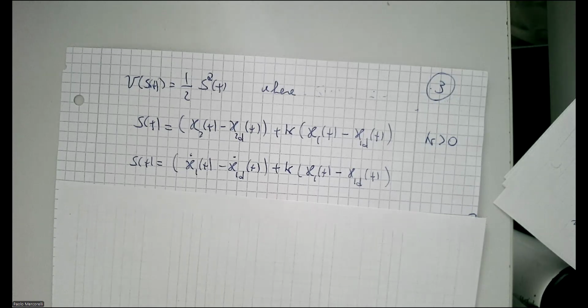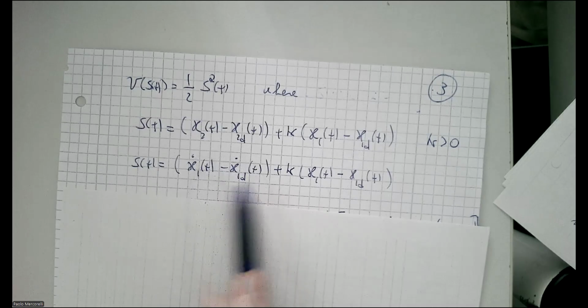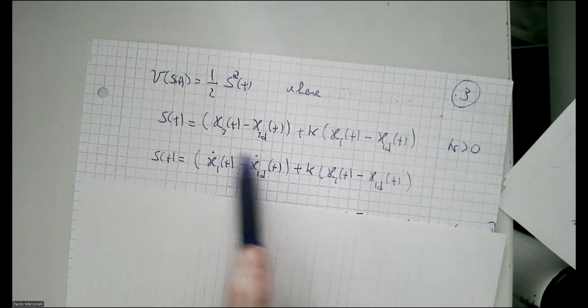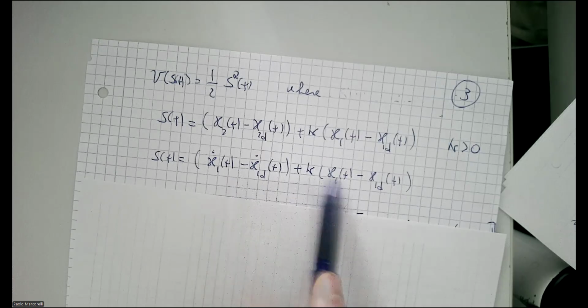The order of the surface is basically n minus 1, where n is the number of states. This means the order here is 1, because we can see the derivative of the first order is basically here. Here we have the derivative of x1 plus k multiplied by the error.